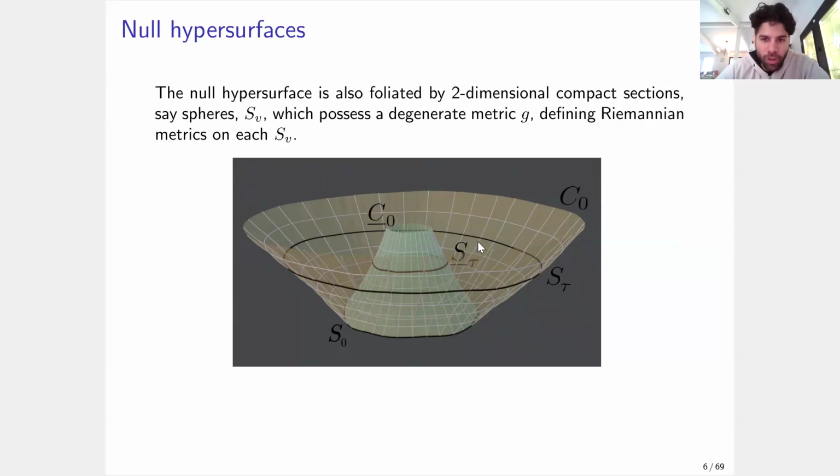The first one will be the induced one, and the second one will be the round metric, which is propagated along these null generators. You assume that the spherical coordinate system theta, phi that you consider flows under the flow of the null vector field here.